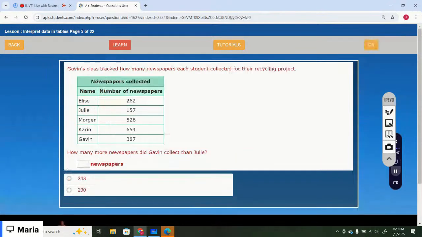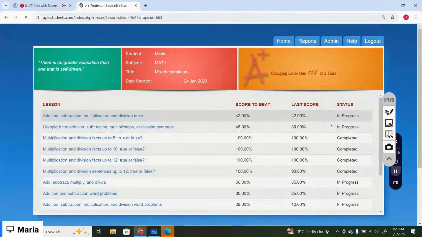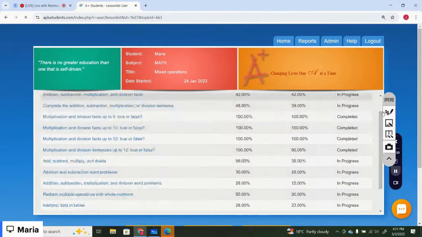Okay, you can complete the lesson by yourself later today. Let me just move on to the next lesson. The next lesson is perform multiple operations with whole numbers.